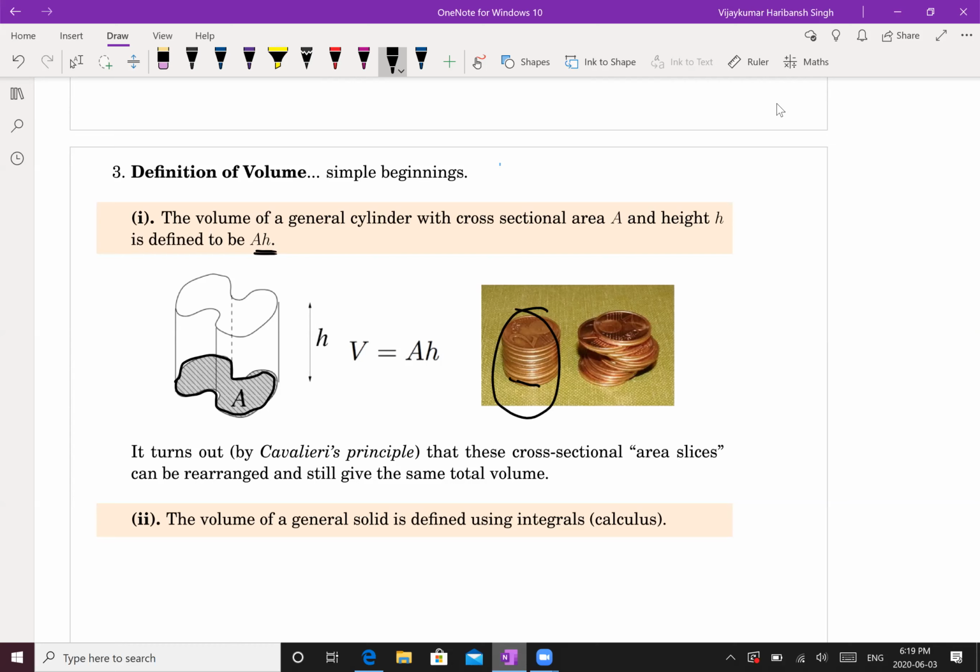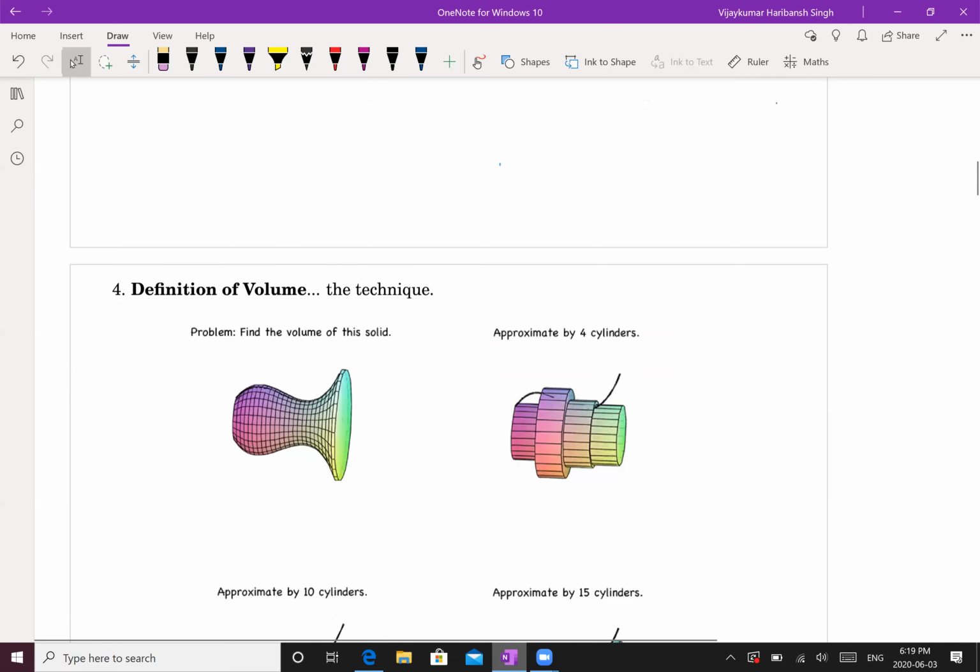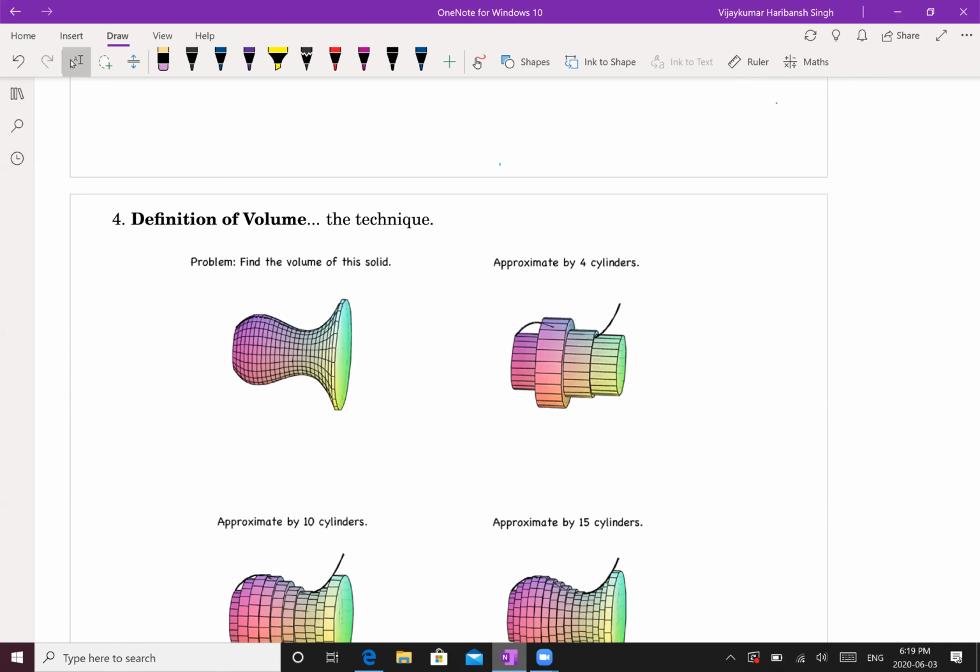Now, the volume of a general solid is defined using calculus. So how do we define it? Again, consider the following solid. This is your solid S, and you want to find out the volume of this solid.